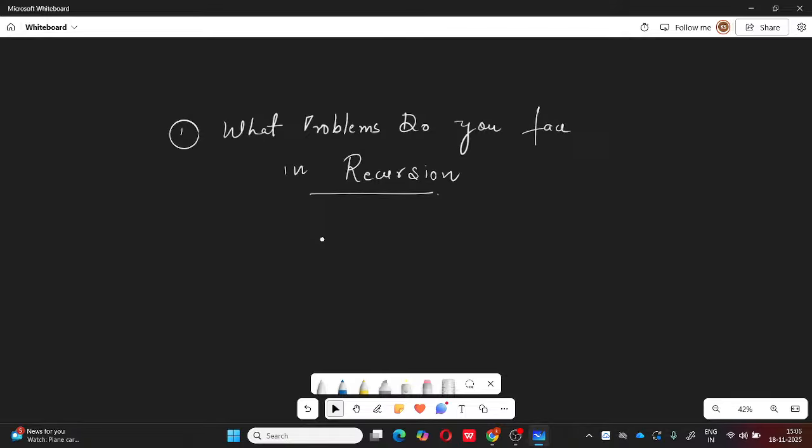Anyone, you can write in the chat box what you feel about recursion, how much you have practiced in Java, so that I can know the current status and later on we'll move further. But first of all, I'd like to know the current status.